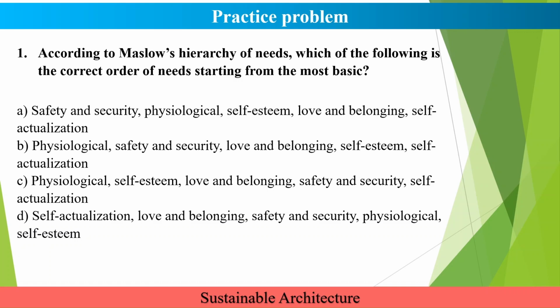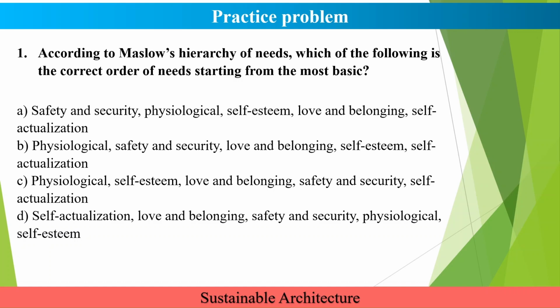If you have listened to the lectures, then you would have known that Maslow's hierarchy of needs is structured as a pyramid with the most basic physiological needs at the bottom, and then once these needs are satisfied, individuals can move up to safety and security, then followed by love and belonging, then self-esteem, and finally self-actualization at the top.